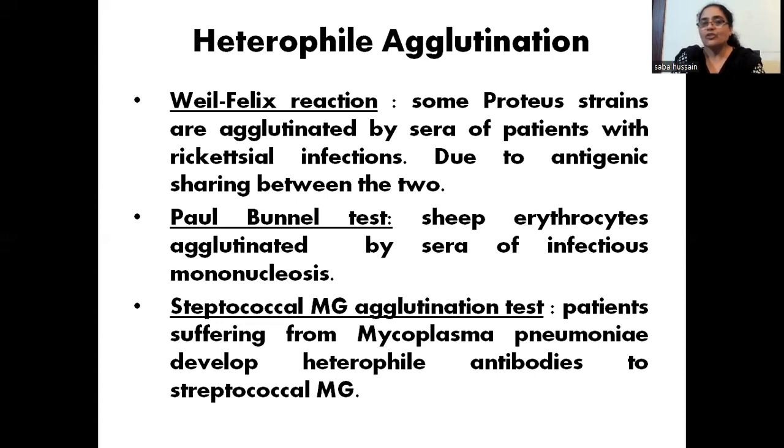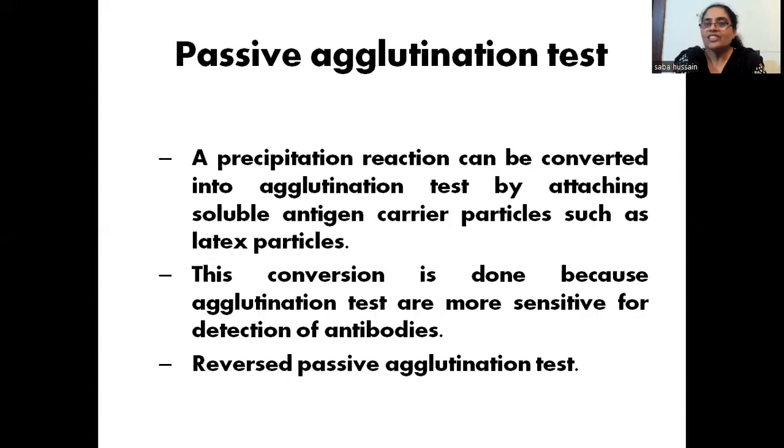The same happens in the Paul-Bunnell test, in which sheep erythrocytes are agglutinated by sera of infectious mononucleosis. The streptococcal MG agglutination test is also an example, in which patients suffering from mycoplasma pneumonia, that means pneumonia caused by mycoplasma, develop antibodies sharing similarity with the streptococcal MG group. So these are a few examples of heterophile agglutination.